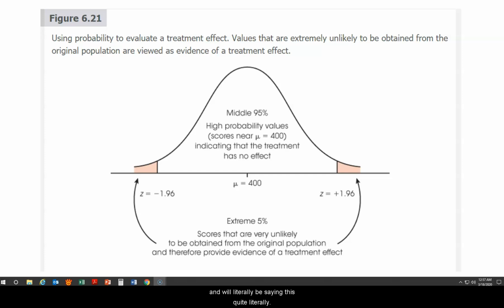And we'll literally be saying this, quite literally. This sample mean was so unlikely to have been obtained given that the null hypothesis is true that we'll decide that the null hypothesis isn't true and we'll reject the null hypothesis.